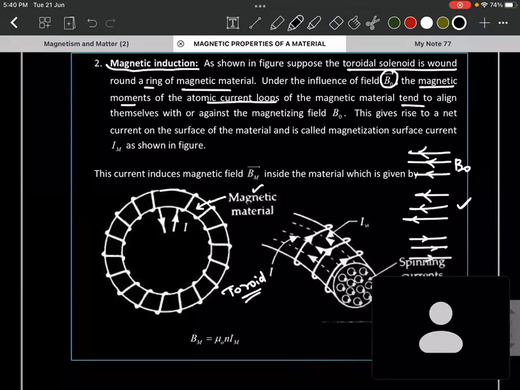Now this magnetic field will give rise to a net current on the surface of the metal.